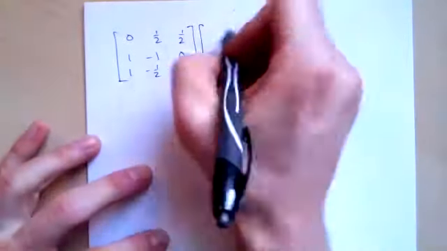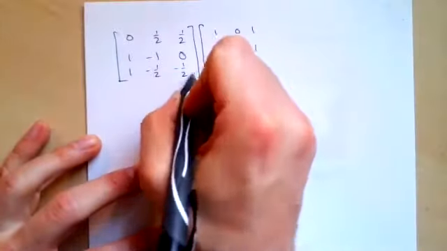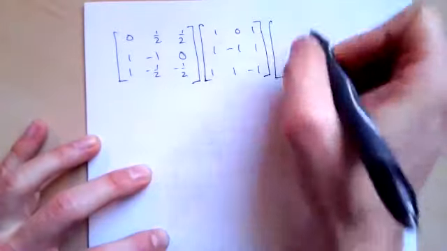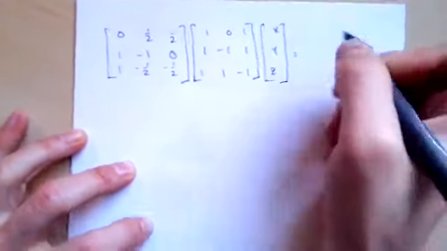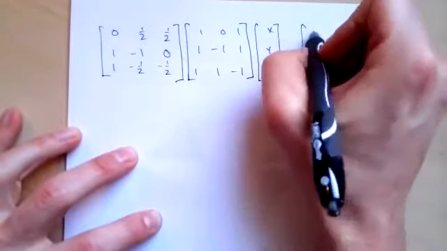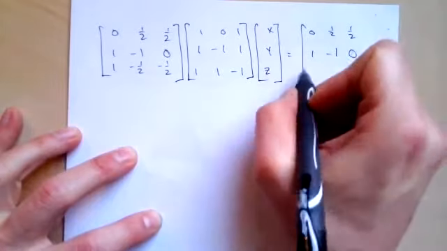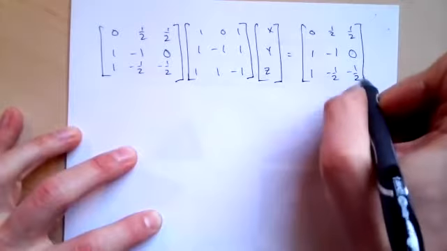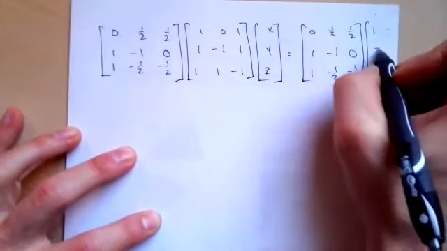times our A, which was 1, 0, 1, 1, minus 1, 1, 1, 1, minus 1, times xyz, is going to be equal to A inverse, acting on 1, 3, 2.